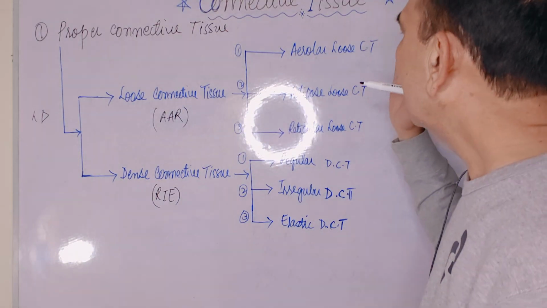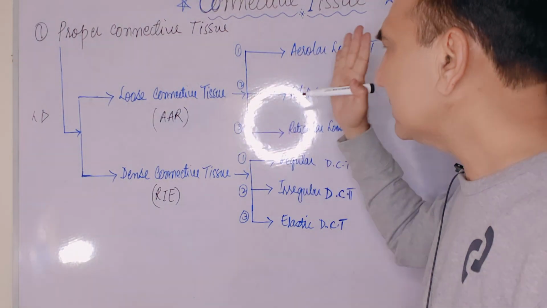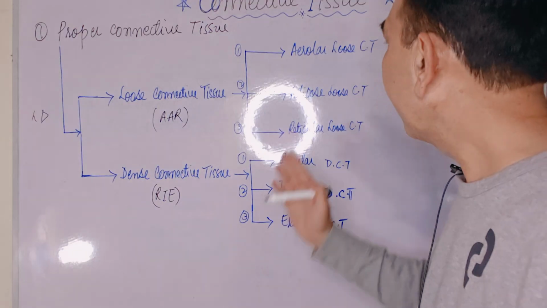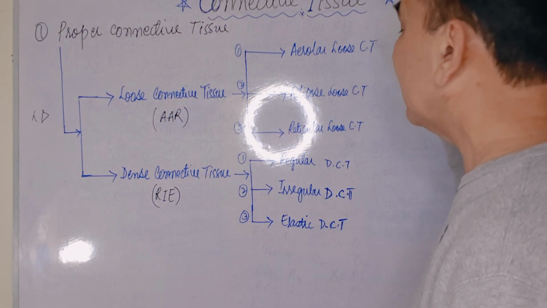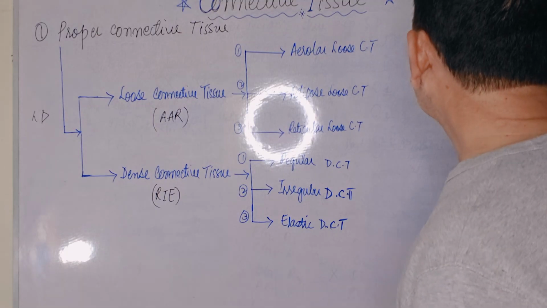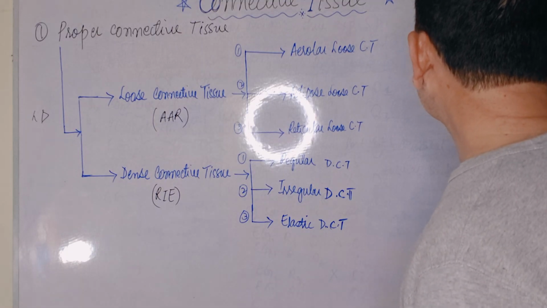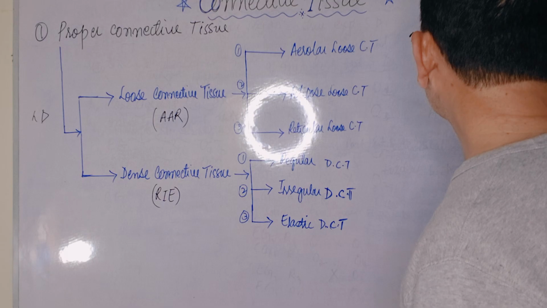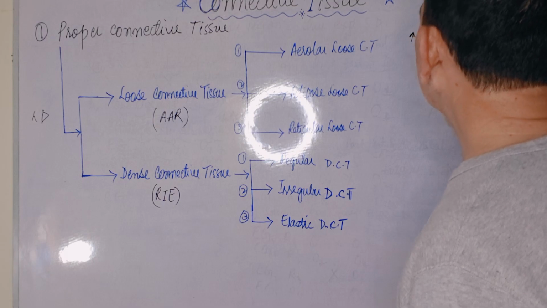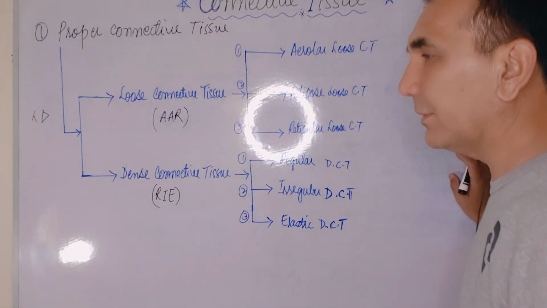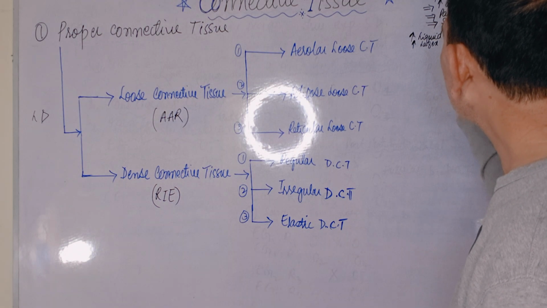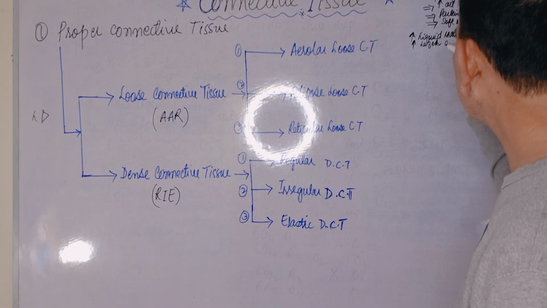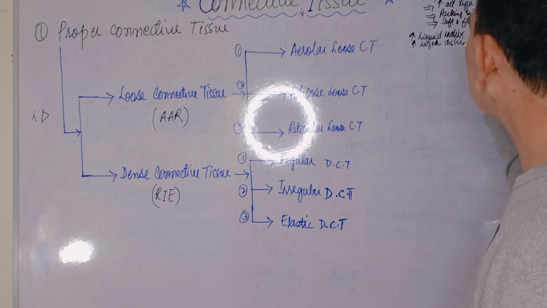Now we will discuss the subtypes of the loose connective tissues. The alveolar connective tissues: the characteristic of the alveolar connective tissues is again that it is made up of more liquid matrix. The second characteristic of the loose alveolar connective tissues is that it is the most widely distributed connective tissue in the human body.